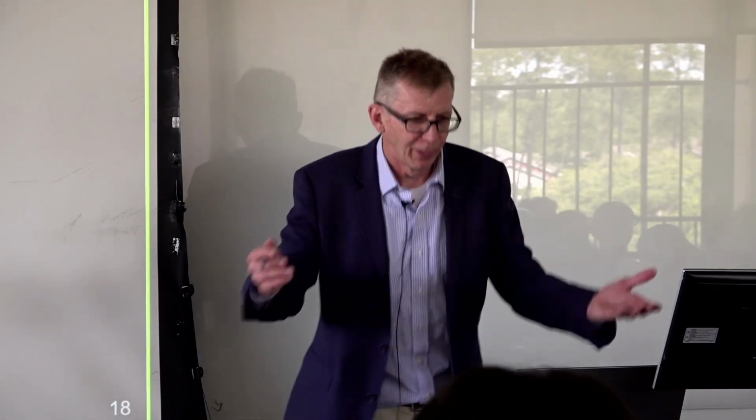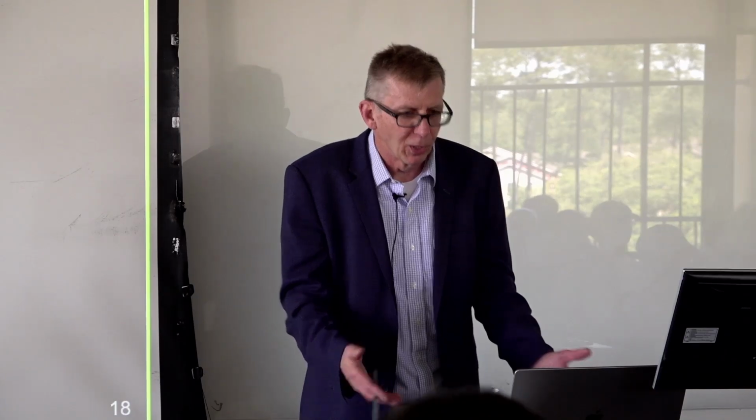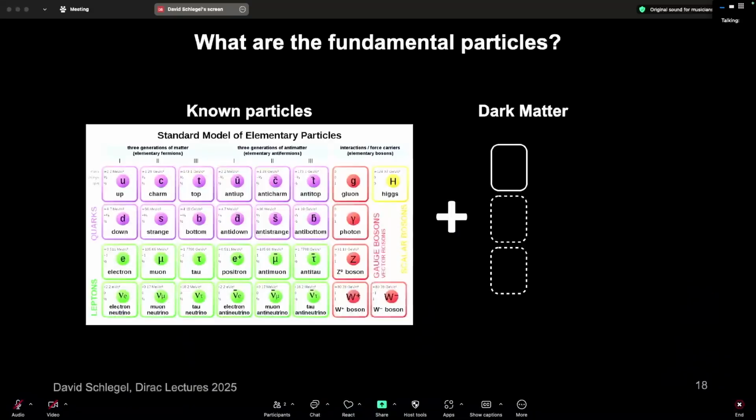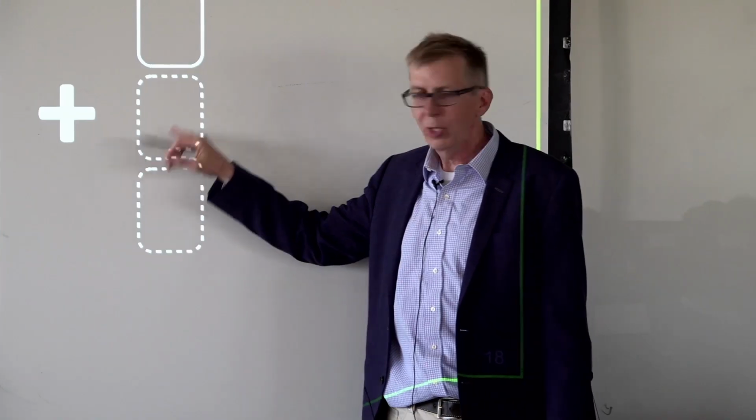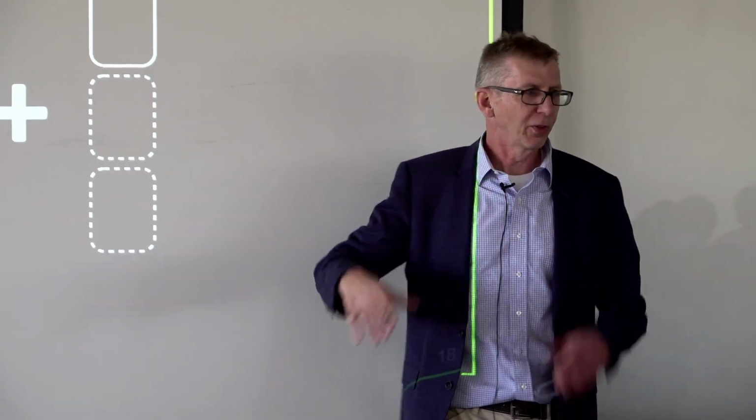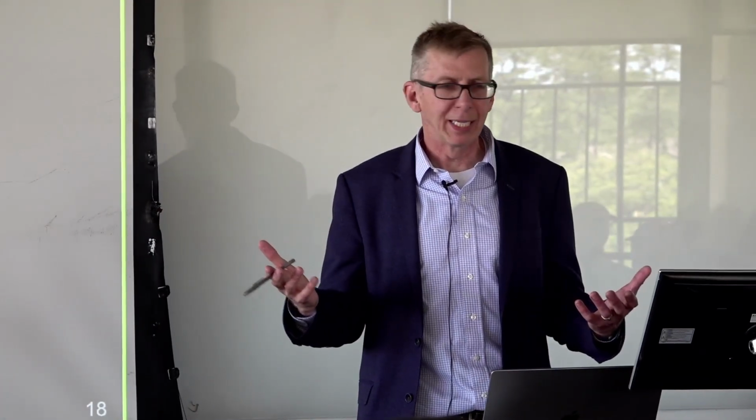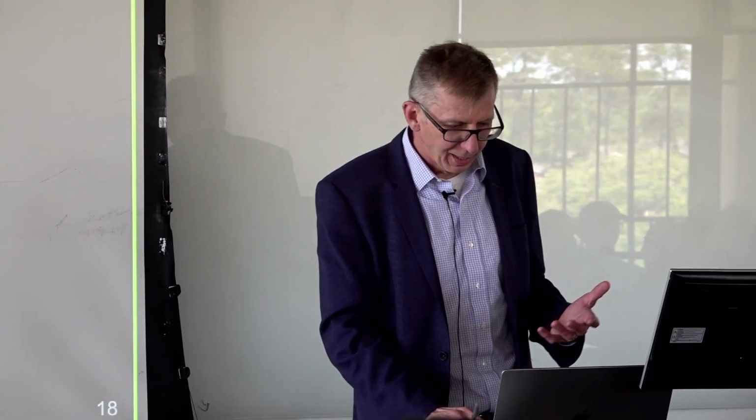Okay, so if I go back to what are the known particles, what are the known forces, we know this is incomplete. There's at least one unknown dark matter particle, but it could be a lot of different particles. So there could be this very rich physics in dark matter space that we just don't know about yet.